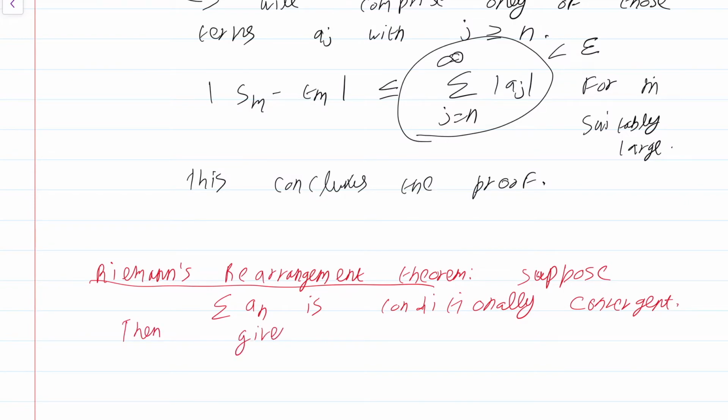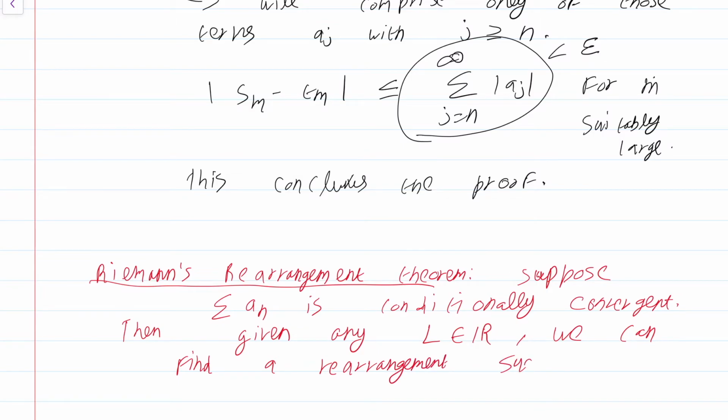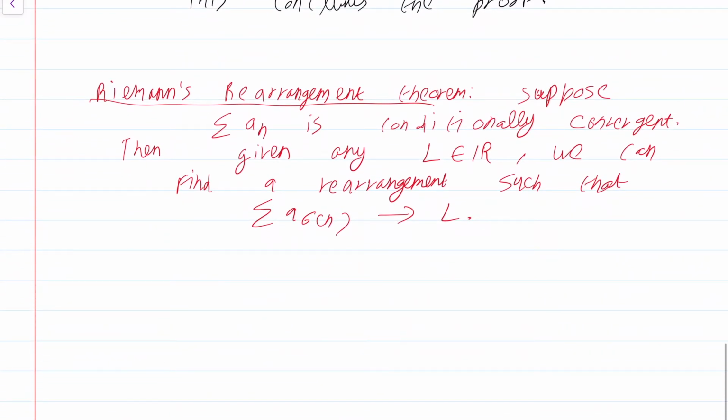given any L in R, we can find a rearrangement such that summation a sigma n converges to L. How's that?